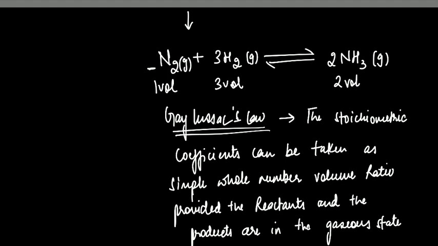This is a simple question that you can get: if one volume of nitrogen reacts with 3 volumes of hydrogen, what volume of ammonia is formed? In that case you just have to balance the chemical equation so that you can get the numbers, which we take as the simple whole number volume ratio.